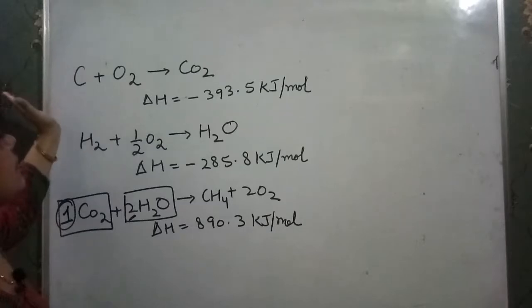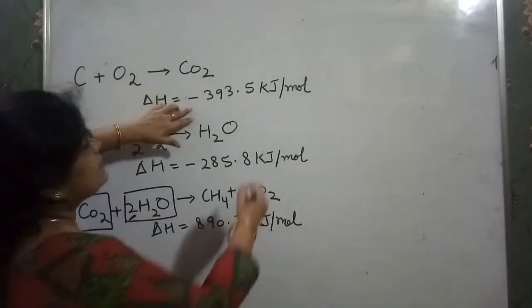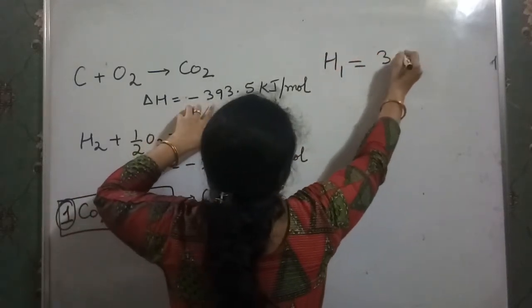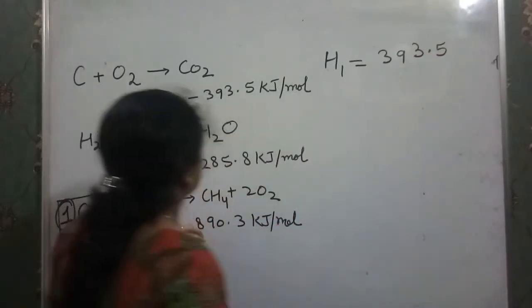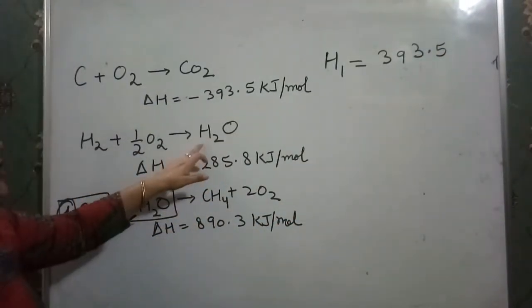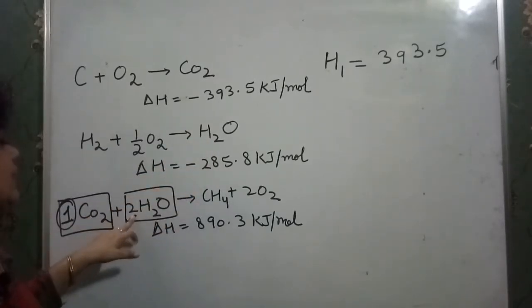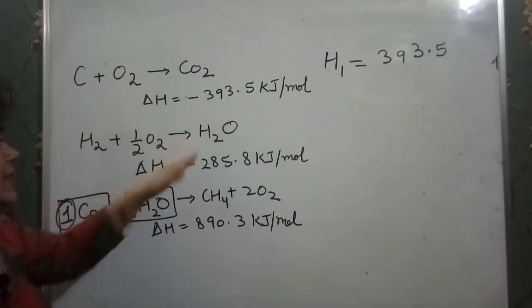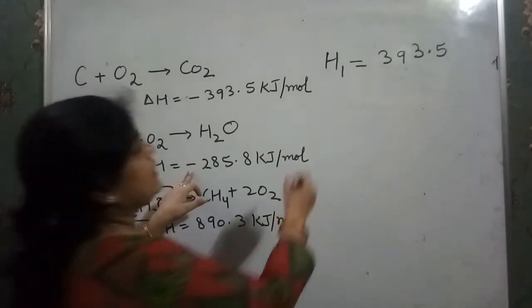So when we convert it to the left-hand side, its enthalpy, which I put as H1, becomes 393.5. Clear? Now for the water molecule, it is the enthalpy of one water molecule, and we have to put the enthalpy of two molecules, and it is also on the left-hand side, while here it is given on the right-hand side. So we multiply it by 2 and also change its sign.